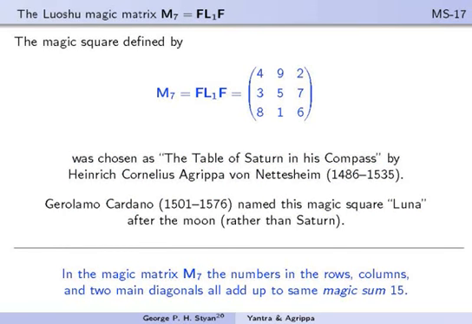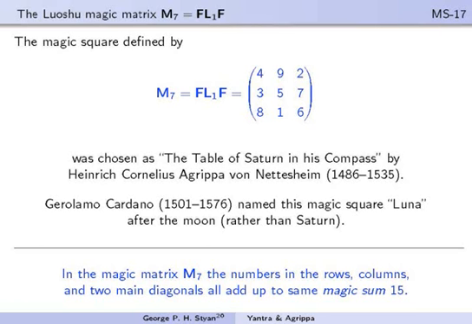The magic square defined by M7, 492357816, which we also coded as L0, the classic Luoshu matrix, was chosen as the table of Saturn and his compass by Heinrich Cornelius Agrippa von Nettesheim, 1486 to 1535. His publication was just before he died.